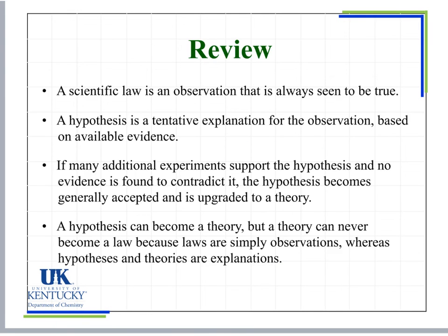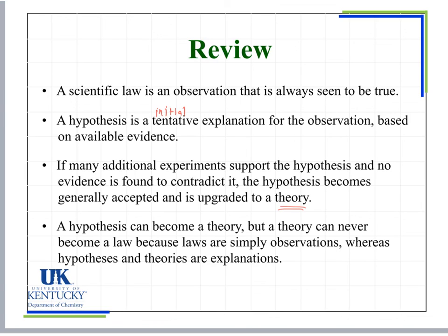So to recap the things that we learned in this video, a scientific law is an observation that is always seen to be true. It does not need any explanation, it's always true. A hypothesis is a tentative explanation, or let's say an initial explanation, for the observation based on available evidence. If many additional experiments support the hypothesis and no evidence is found to contradict or reject it, the hypothesis becomes generally accepted and is upgraded to a theory, because all the experiments support your hypothesis.